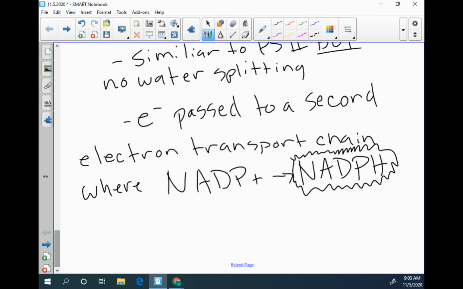So our electrons move from the electron transport chain to photosystem 1 and into the second electron transport chain and come out as NADPH.